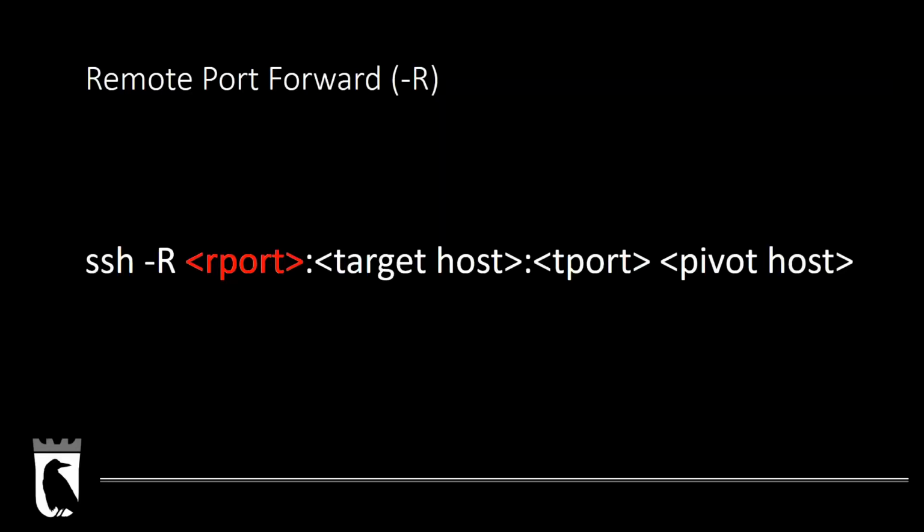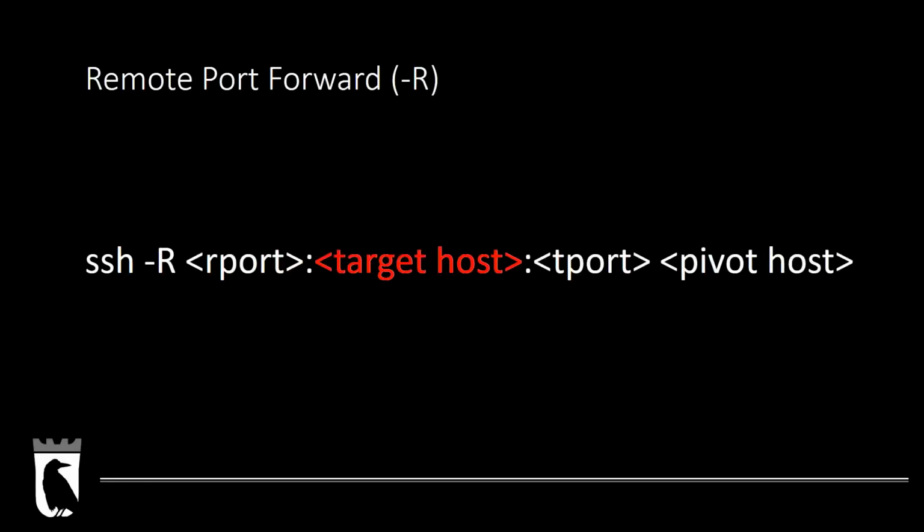And maybe you're not quite seeing why you would want to do this, but I'll show you in just a second. So this is the remote port that we're going to forward from the pivot host. This is the host that we're targeting, and when we're forwarding remote ports, this is from the perspective of our initiating client.